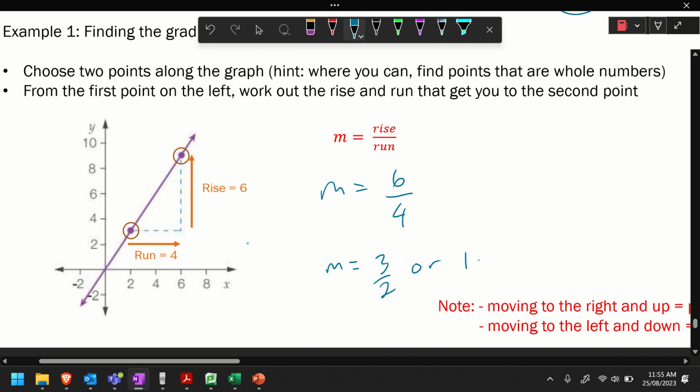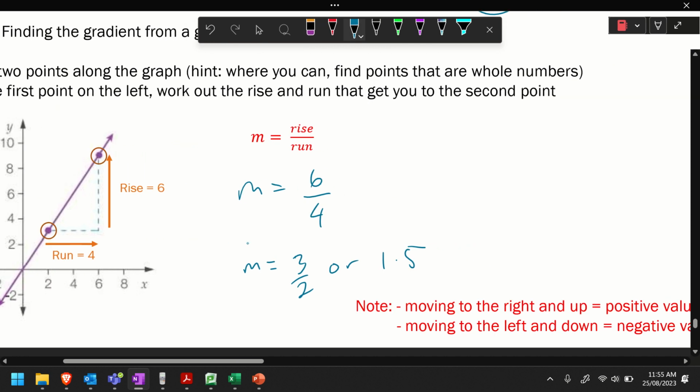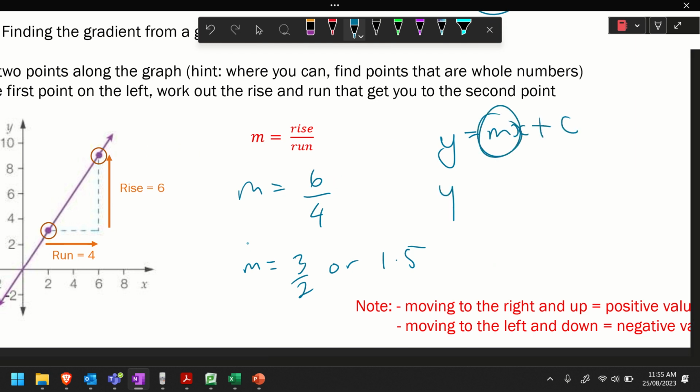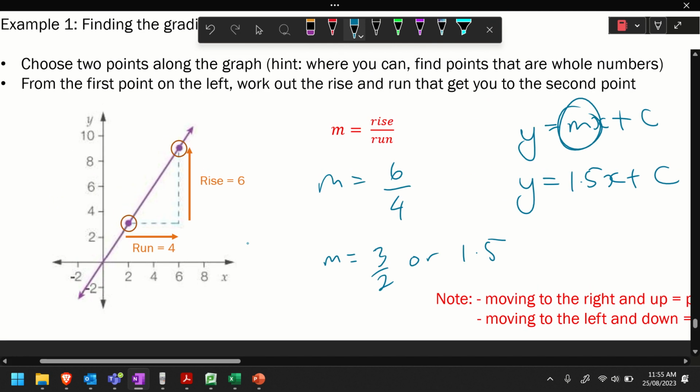So that's the gradient. So therefore, if you're trying to look for the actual formula of y equals mx plus c, it would be y equals 1.5x plus whatever c is going to be. So that's the first step. Just use your rise over run. On the graph, you can pick any 2 points to do this.